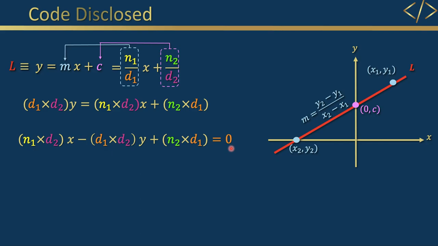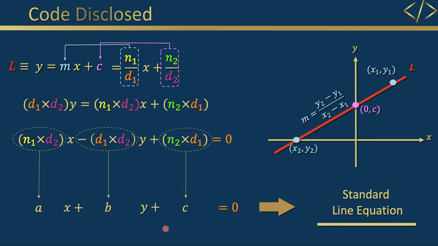What if we call the coefficient of x as a, and the coefficient of y as b, and the constant here we call c? Let's put the x and y in front of these coefficients, and we will see that we have something very similar to the standard line equation.